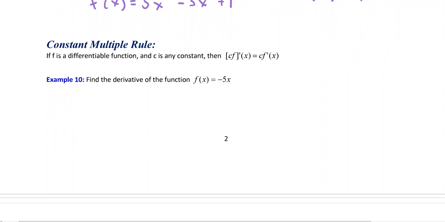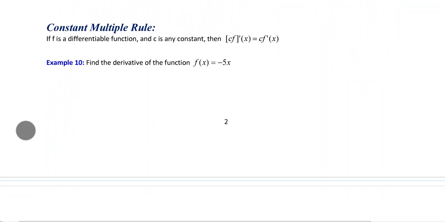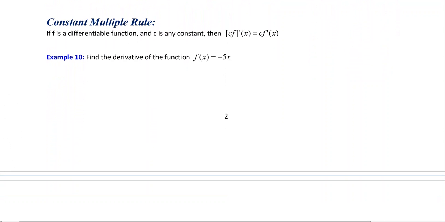The constant multiple rule. Well, that says that if you have a constant times a function, it's simply going to be the constant times the derivative of the function.